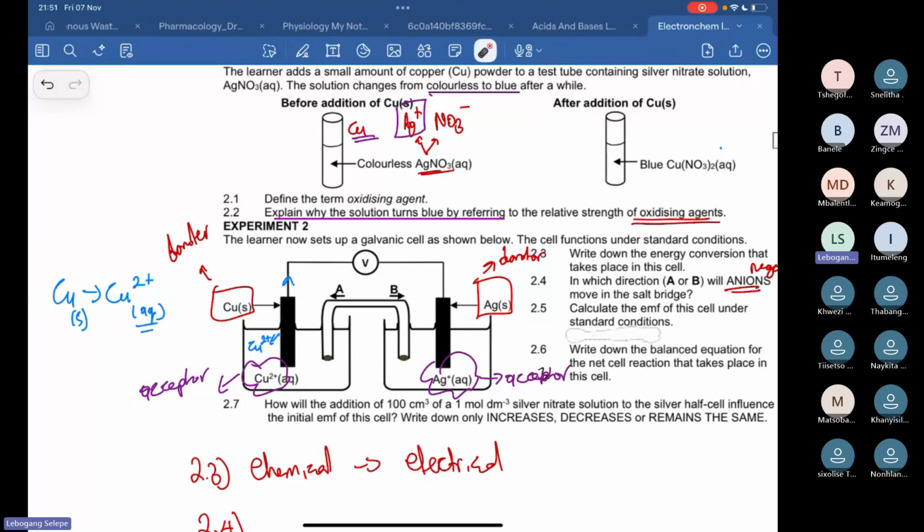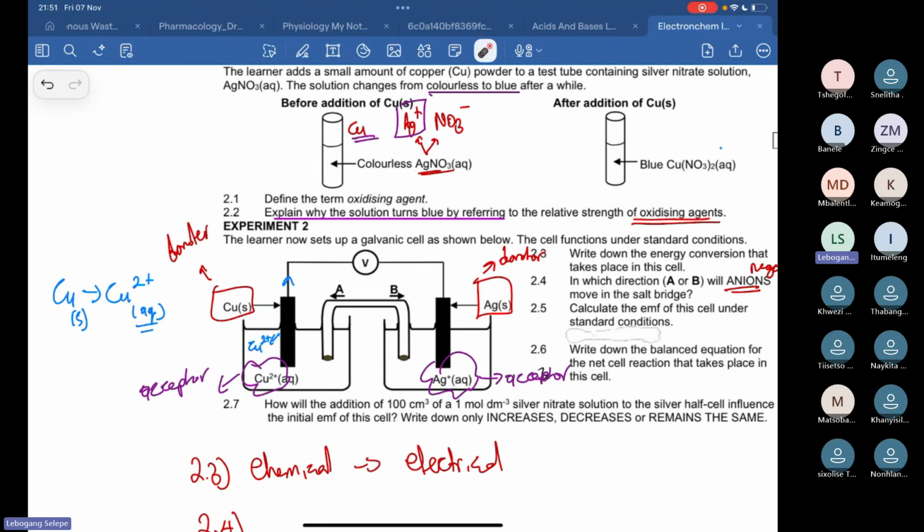So it means that this thing here is eroding. Because now I'm introducing more positives into the solution, it makes this solution more positive, because more positives are falling into the solution, right? We want it to remain neutral at all times.